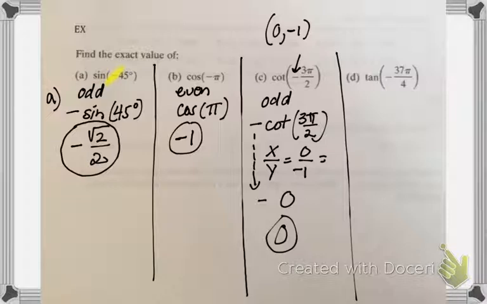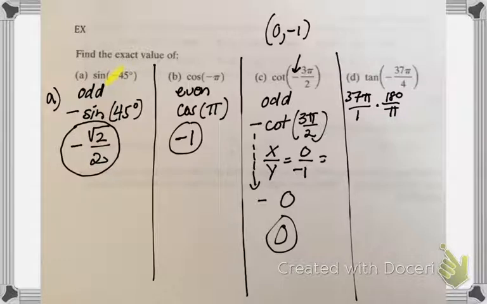And finally, last but not least, tangent of 37 pi over 4. All right, I know that this has gone several times around the unit circle. My advice to you, when it's that large, go ahead and change it to degrees. So I get 37 pi over 4 times 180 over pi.